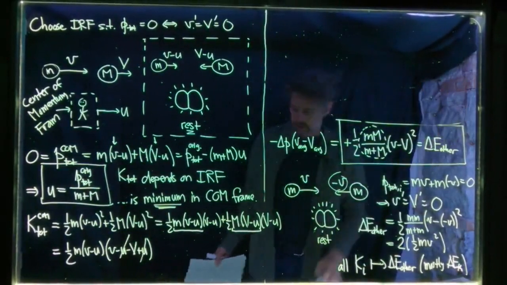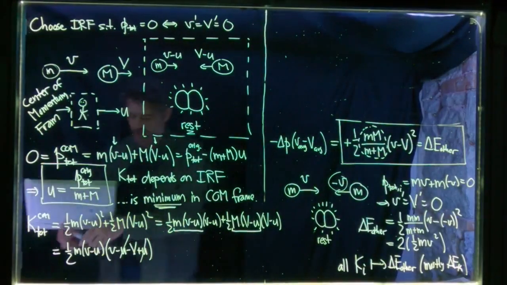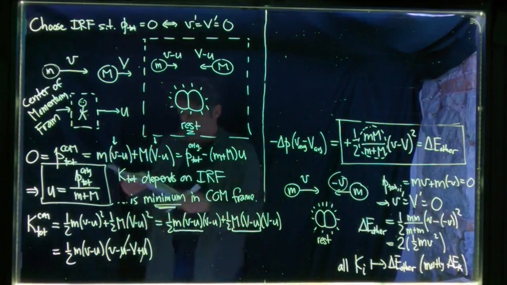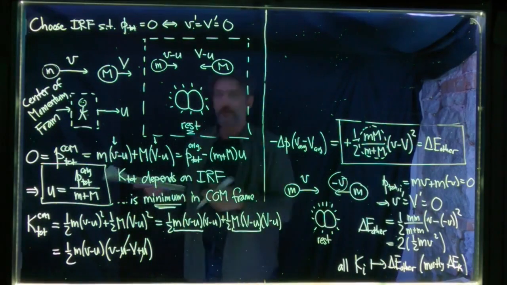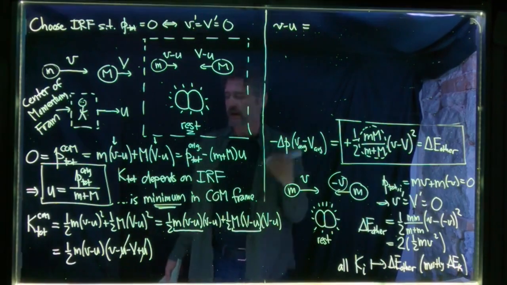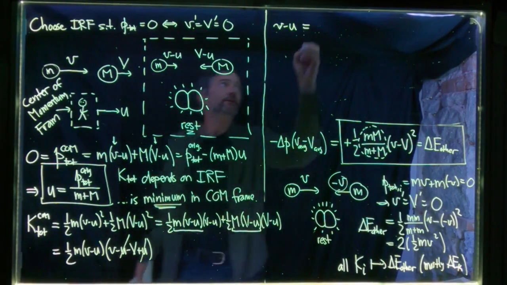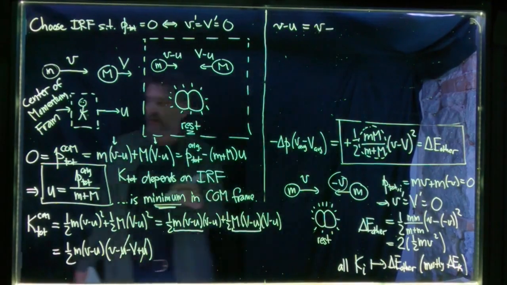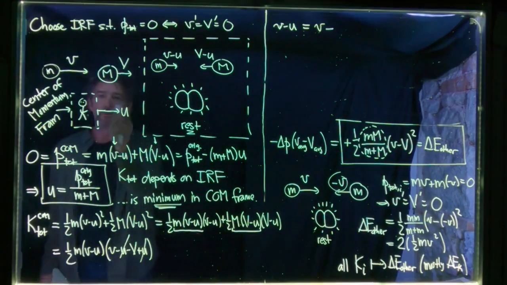Okay, so what we need now is an expression for little v minus little u. So little v minus little u, what is that? Well, we calculated the required relative velocity of the inertial reference frame to make the total momentum equal to 0, and little u is equal to this thing. So let's plug that in there.